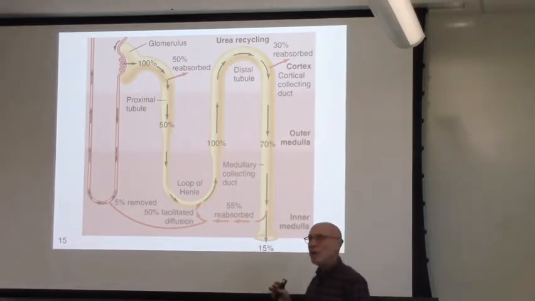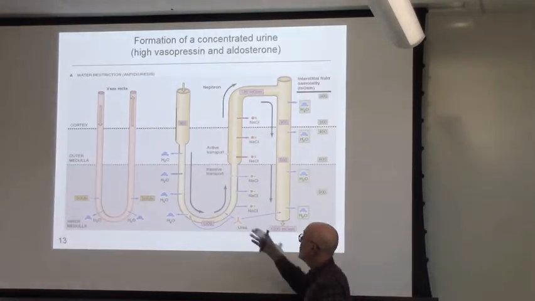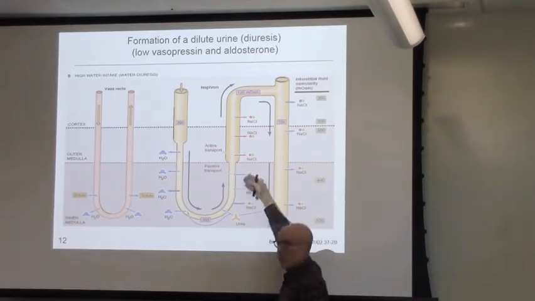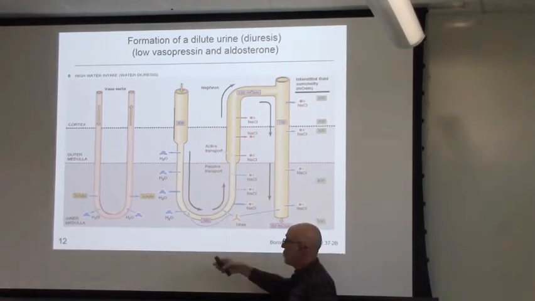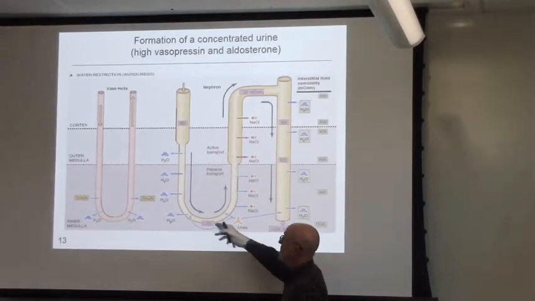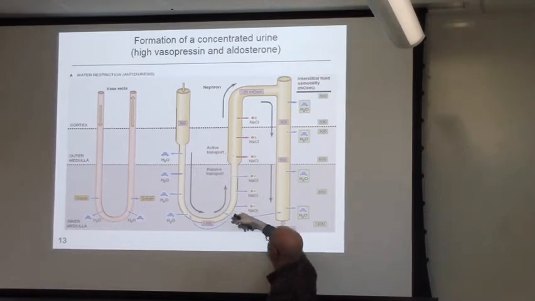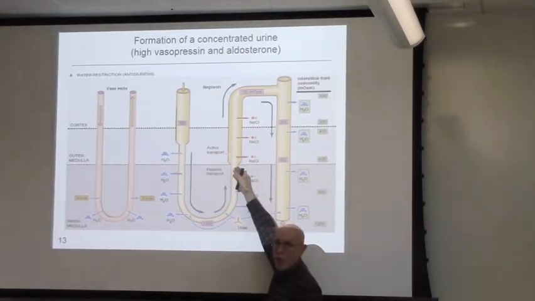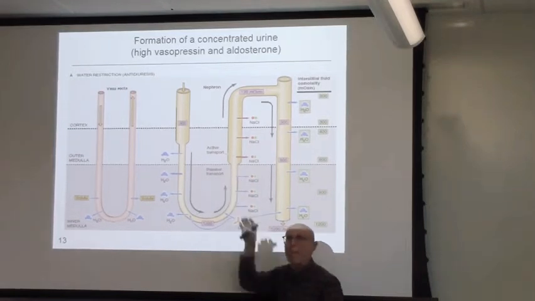Now, you might be wondering, okay, Bob, you said, let's go back. You said that if there is plenty of water, we make a gradient. But if we're dehydrated, we make more of a gradient because we express more of the sodium pumping properties of the ascending limb.